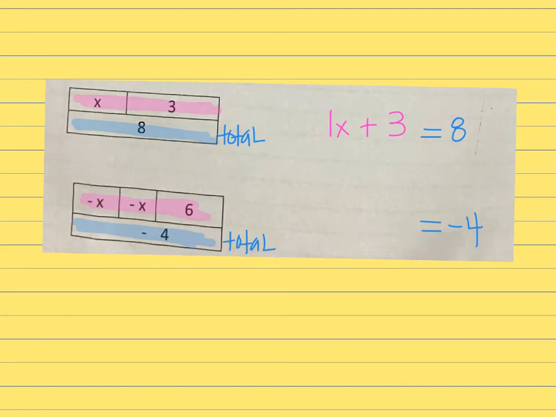There's 2 of them. So I'm just going to write them together and say negative 2x. And then the 6 is all alone. It doesn't have any kind of negative sign with it, so I'm going to represent it by writing positive 6 or add 6. And that's how you would write the equation for the model that's already given.